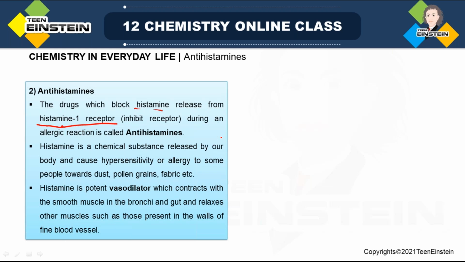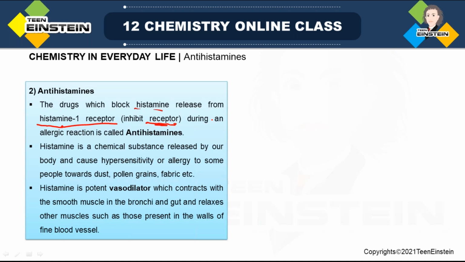But when the drug comes into the picture, it will block the release of this chemical messenger from the histamine 1 receptor. You can also say it is inhibiting the receptor. And when it does so during an allergic reaction, that is why this type of drug is named antihistamine.